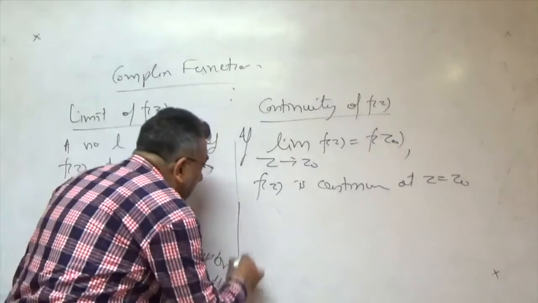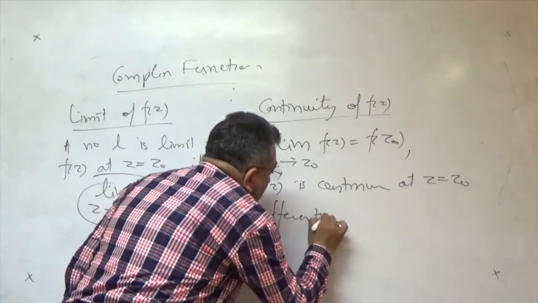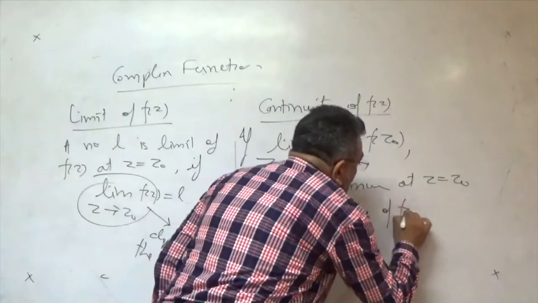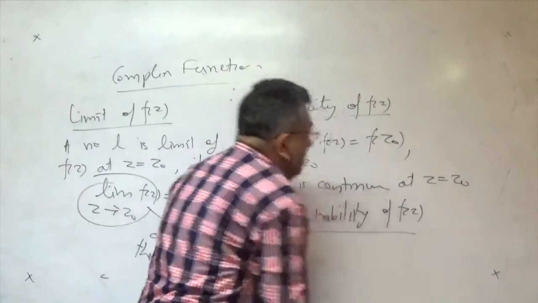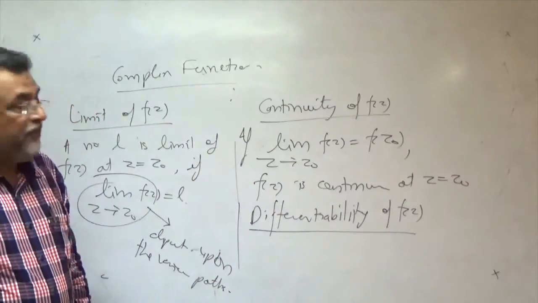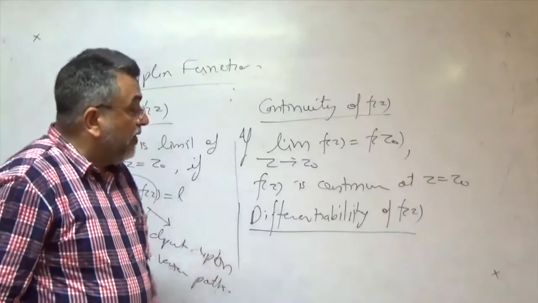And now the third thing, that is differentiability. Differentiability of the function f(z) is the third characteristic of a function in calculus. What is a differentiable function? It means whether the function is differentiable or not.